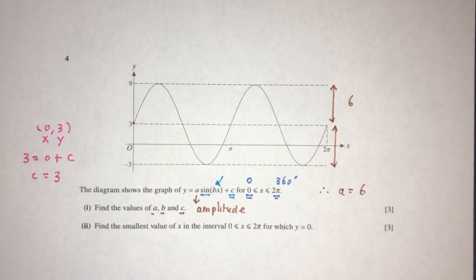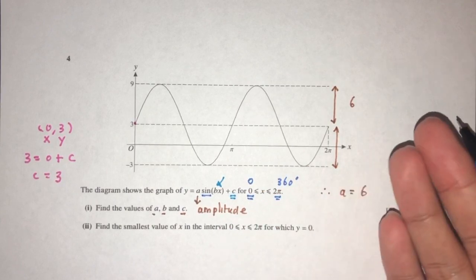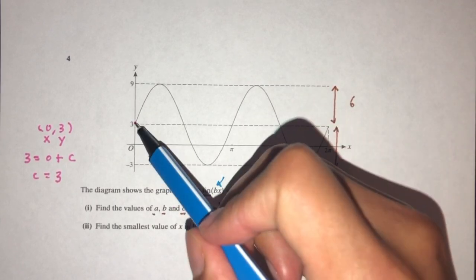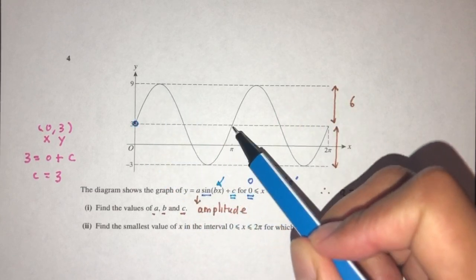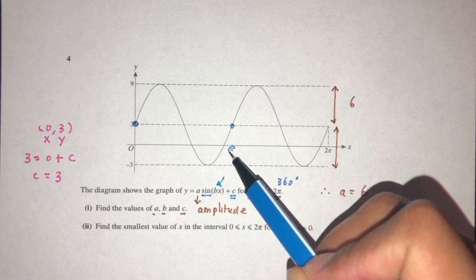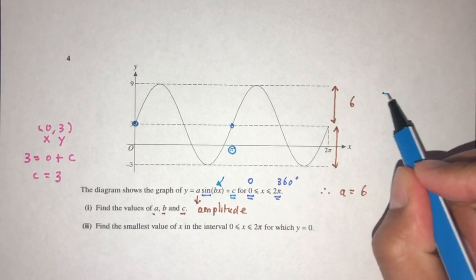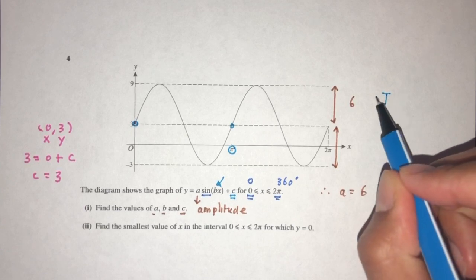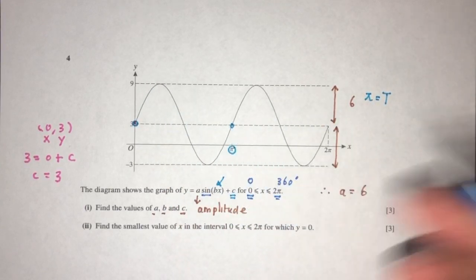B, pretty easy. We have to use the period to find the value of B. So by observation, what is the period of this shape? You can see, we begin here. For us to complete one cycle, it took us exactly pi radians, right? So the period is equal to pi, because it took us pi radians to complete one cycle.